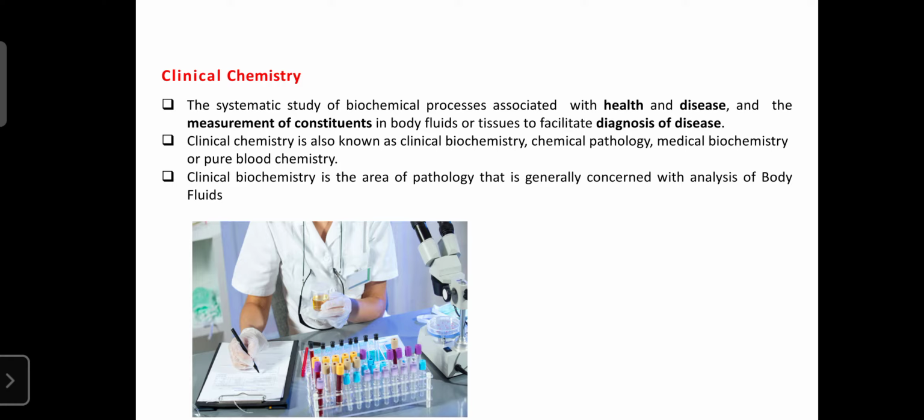That is nothing but the biochemical processes related to normal physiology as well as abnormal physiology. If you have knowledge of normal glycolysis and abnormal glycolysis, normal urea cycle and abnormal urea cycle, like that, whatever biochemical process occurs in our body, if you have knowledge of the normal physiology or normal cycle and the abnormal, then only are you ready to find out the disease.